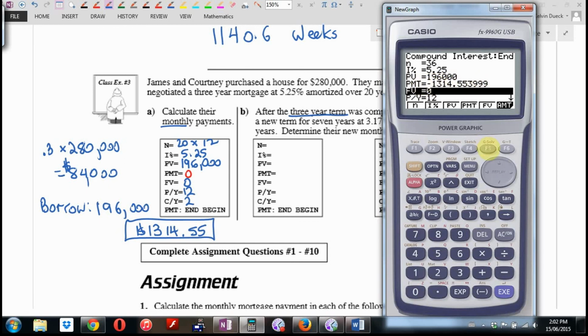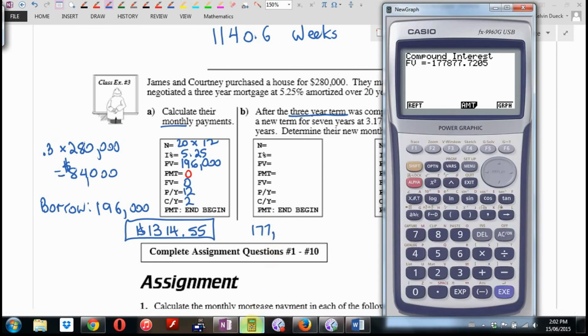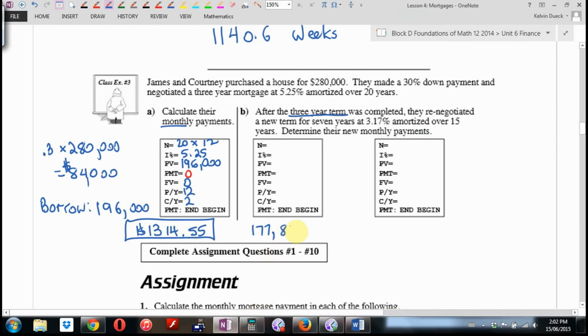I'm going to hit final value. After 3 years, they still owe $177,877.72. That is the 3 times 12, 3 years, and there's my final value.